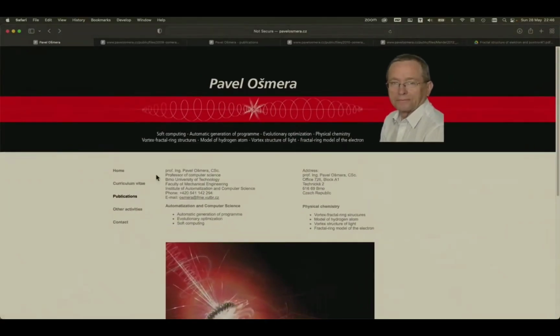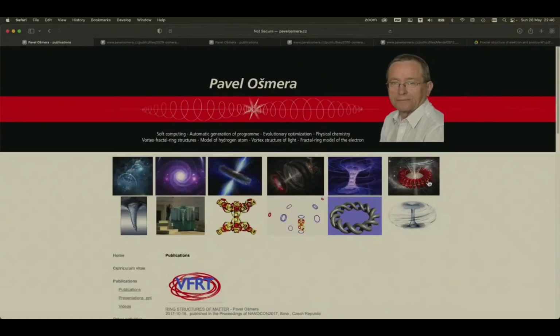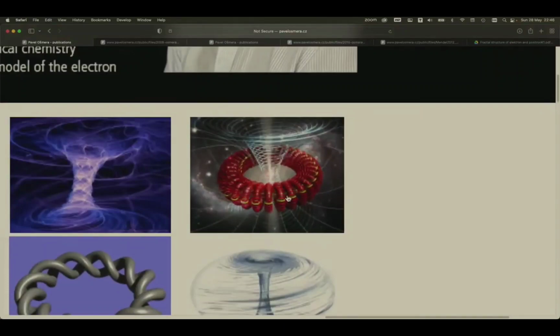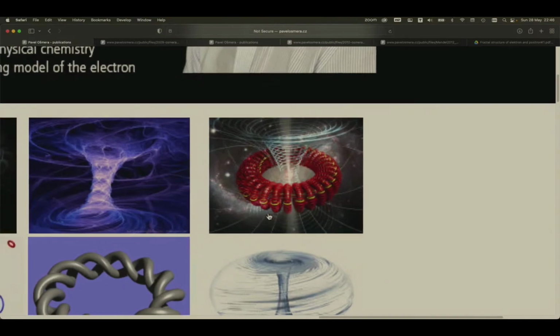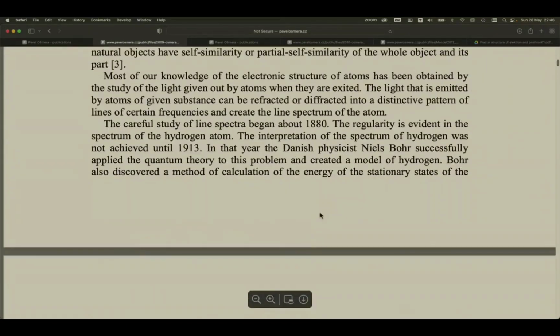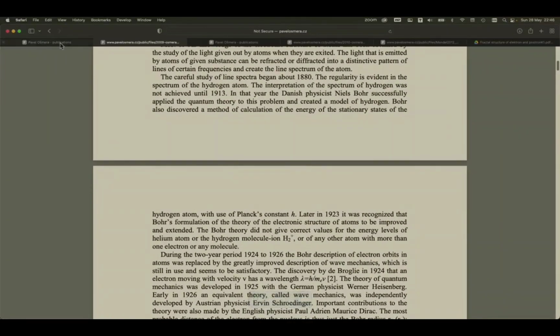It is on his publications page. This is how I kind of imagined it. He's got the fractal structure here. This interpretation was done by Pavel, and you can see he's done the helical movement going round as a shift from one to the next to the next. So it's not quite showing how I imagined it in my head and described it in 2020, but it's pretty close. Anyway, back to his work, and I recommend you go and have a look at his site.